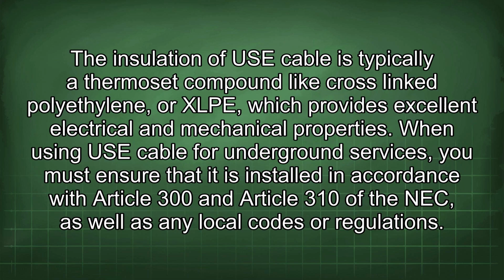The insulation of USE cable is typically a thermoset compound like cross-linked polyethylene or XLPE, which provides excellent electrical and mechanical properties. When using USE cable for underground services, you must ensure that it is installed in accordance with Article 300 and Article 310 of the NEC, as well as any local codes or regulations.